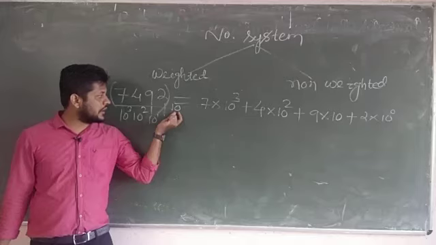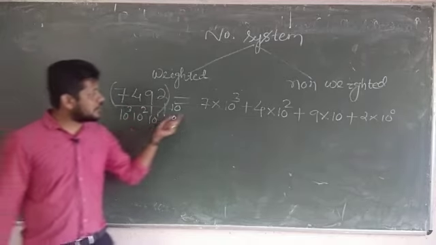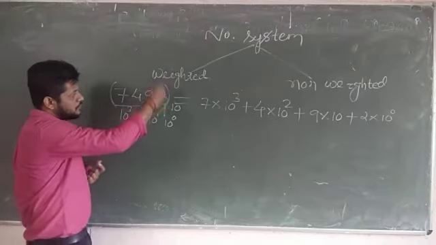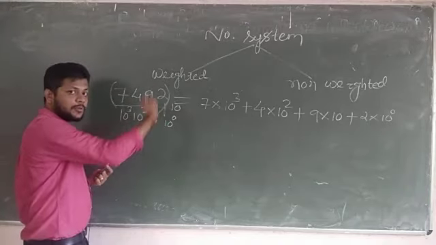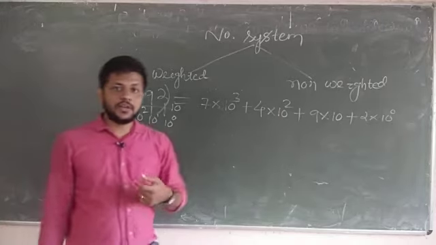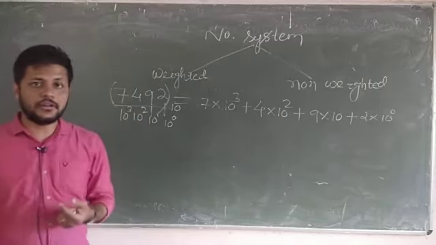So here I have written the base as 10. Each position is associated with the base to the power. This is your unit place, so I write 10 to the power 0. This is your tens place, so 10 to the power 1, 10 square, then 10 to the power 3. Similarly, we can represent any other number system by its corresponding weight.